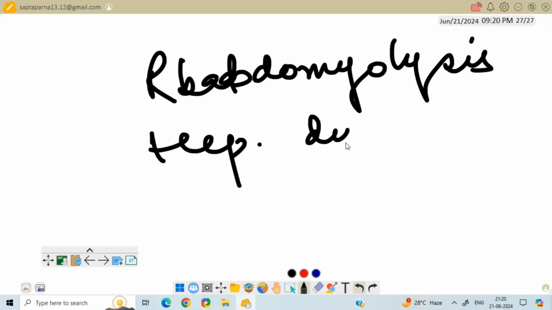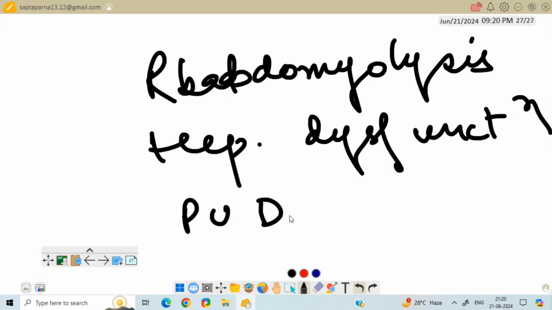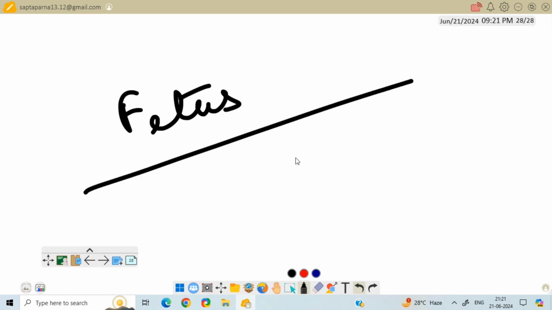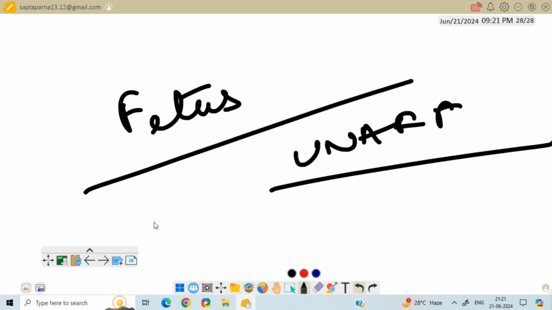There can be hepatic dysfunction, and also there can be peptic ulcer disease. So these are all the complications which you usually get in questions in various MBBS exams, professional MBBS exam, and also there are many MCQs which can be given from this part. So these are the various complications. And what is the effect on the fetus? Usually the fetus remains unaffected.